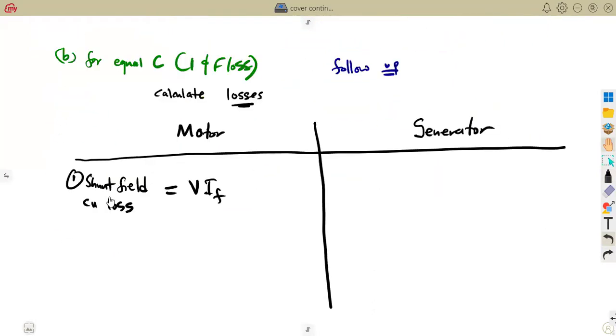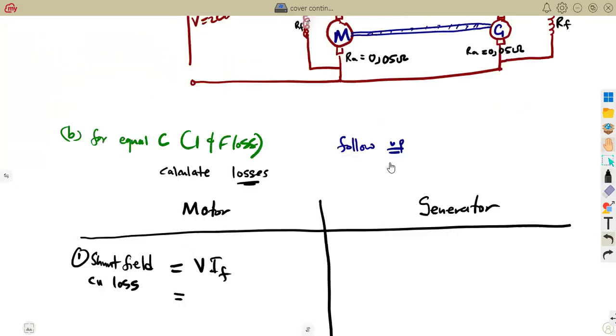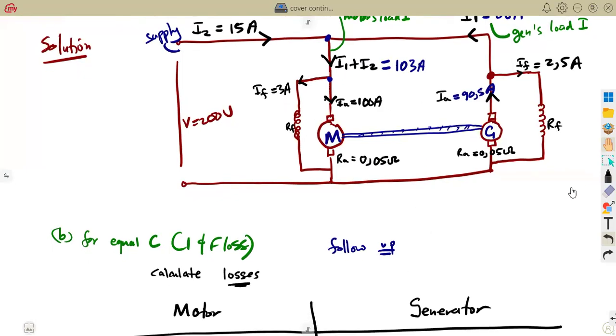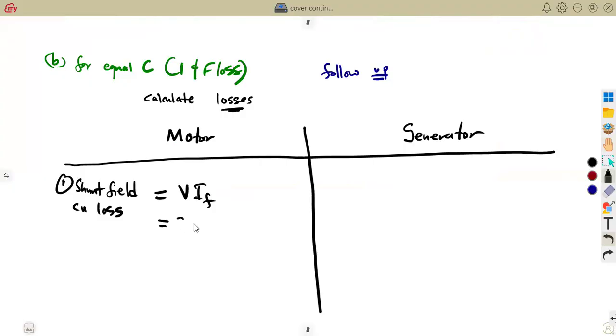On the motor, you calculate the shunt field copper loss. Our terminal voltage on the motor is 200. The field current of the motor, this is your motor, guys, is 3. So that's 200 times 3. Be careful there.